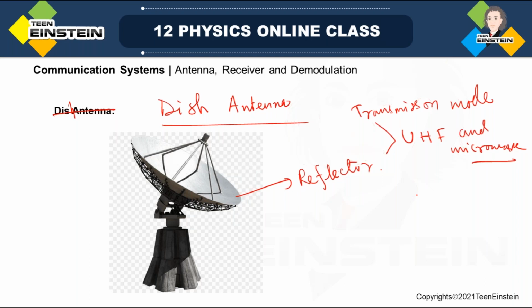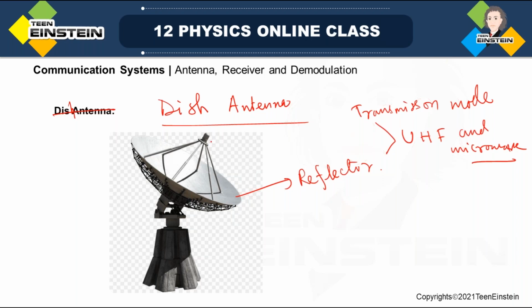And then in the transmission mode, the dipole converts the electrical signal into electromagnetic waves and directs them onto the reflector, which are then transmitted as a parallel beam.